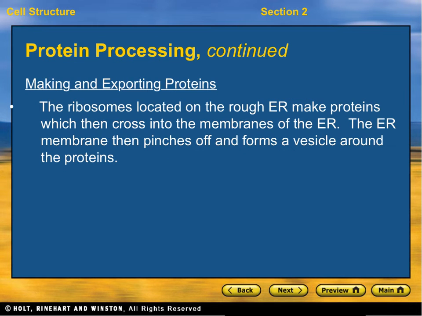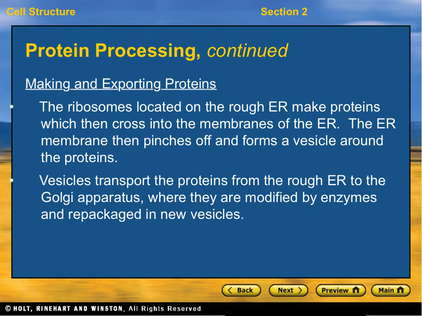So when we look at the making and exporting of proteins, the ribosomes that are located on the rough ER will make the proteins, which then cross into the membranes of the ER. The ER membrane then is going to pinch off and form a vesicle around that protein.